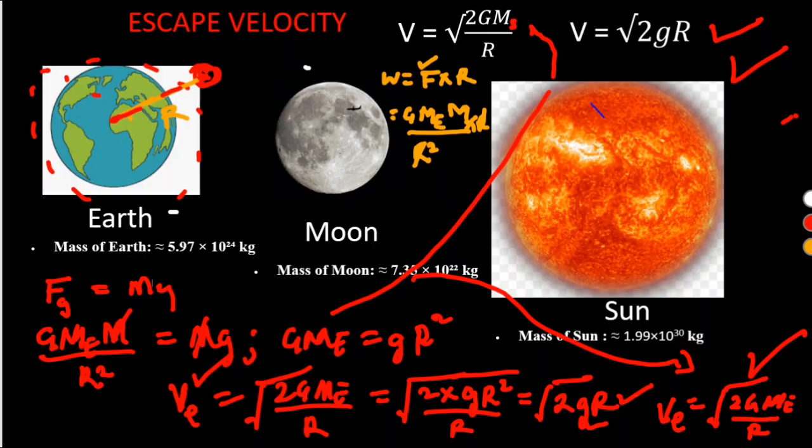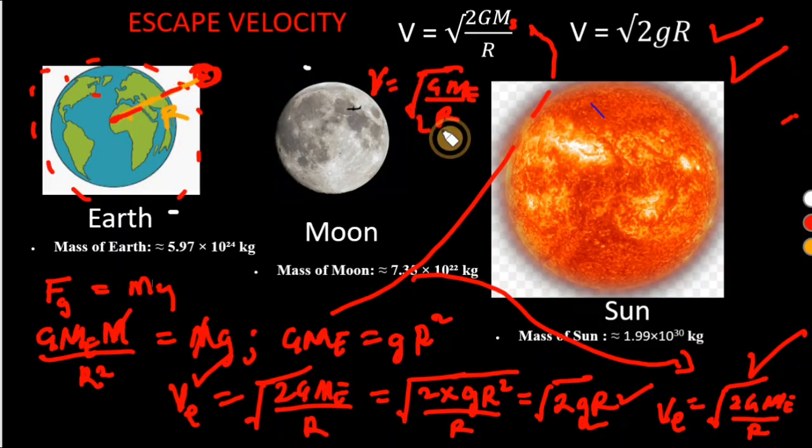Take note that this escape velocity is different from the orbital velocity, that is the velocity with which a body moves in a circular path, given as v equals root GM upon r. If we are discussing Earth, this is GMe upon r, because it's a circular path.